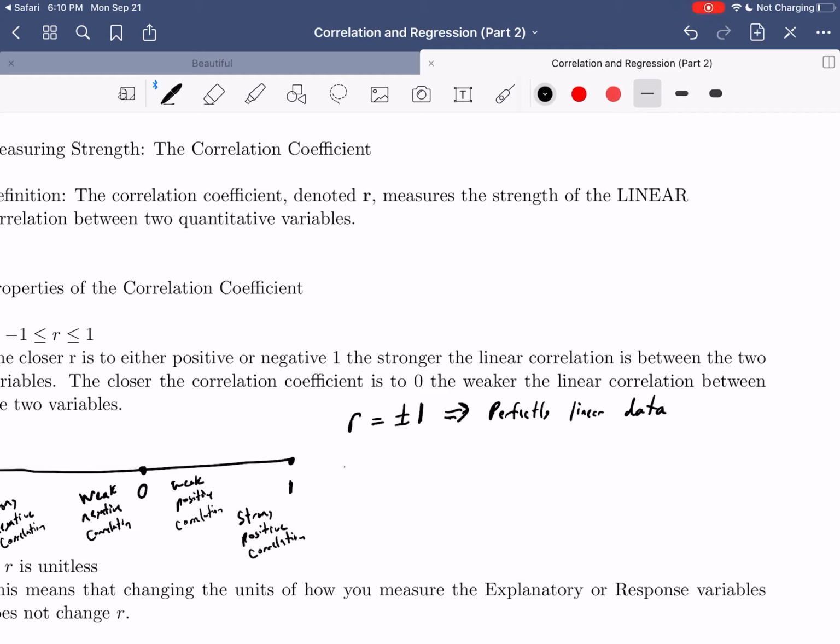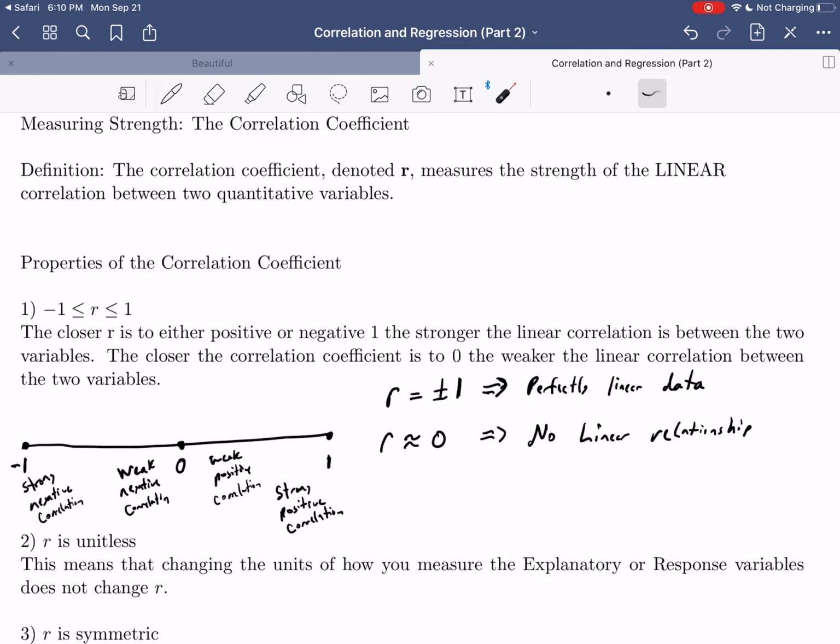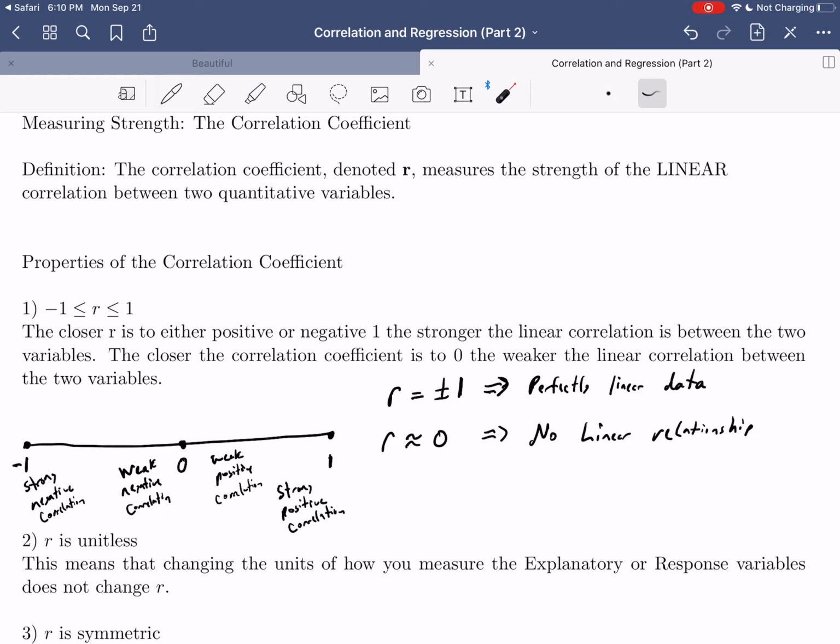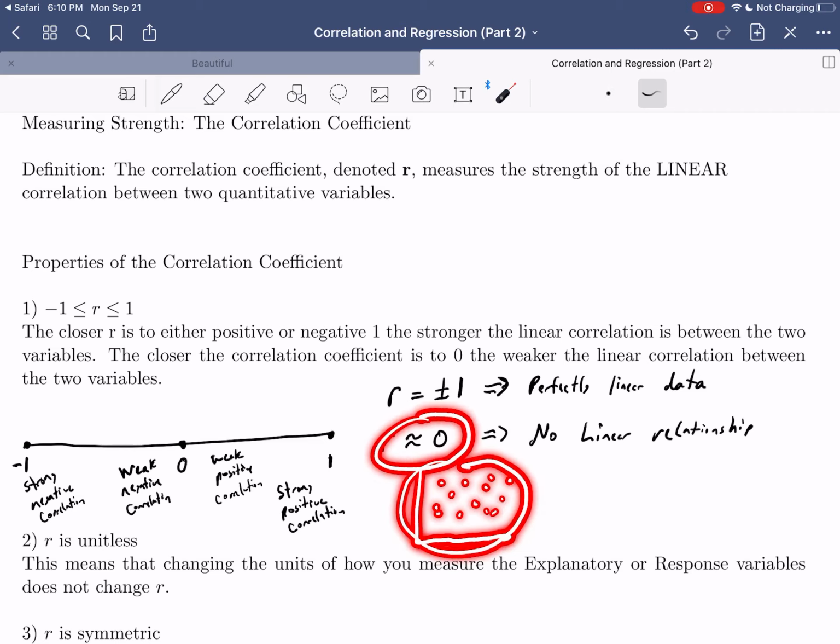When we get very close to 0, when we get R equals approximately 0, that means no linear relationship. Now, you'll notice that I am being very careful about specifying no linear relationship. One of the reasons that the correlation coefficient by itself is not sufficient, why we still want to make use of things like scatter plots, is that if you had a scatter plot that looked like this, where there is no relation, you would get R approximately 0.